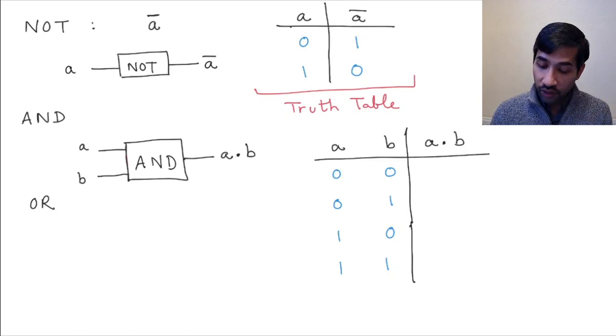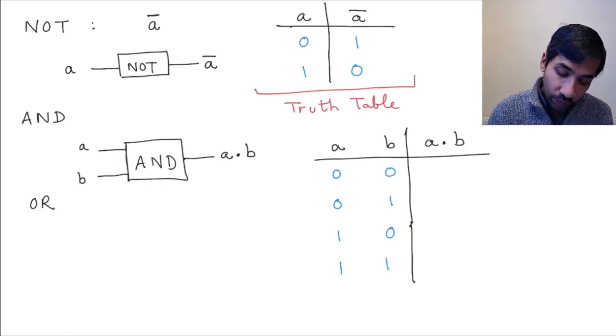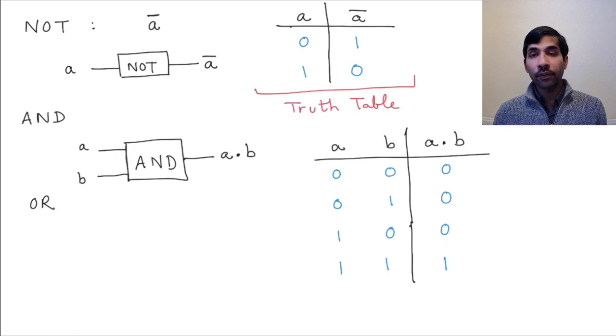For each of them, you can now write the output. A and B, when the inputs are 0 and 0, is 0; when it is 0 and 1, it is 0; here as well it's 0; and here it's 1. So basically what A and B does is it is 1 only when A and B both are 1.